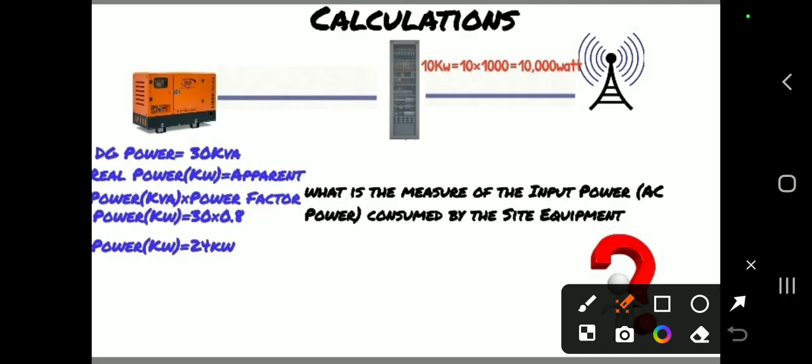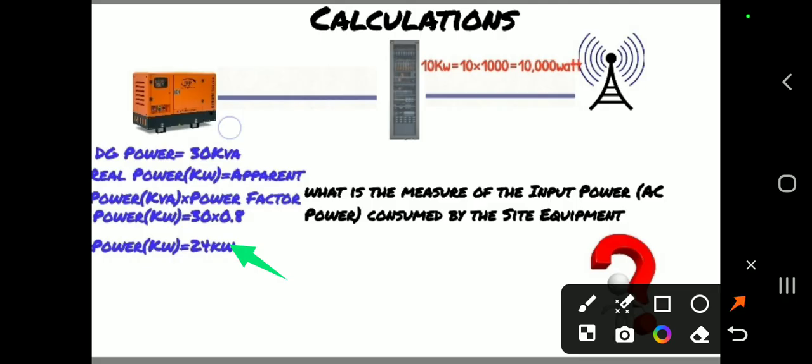Real power is 30 times 0.8, and that will give us 24 kilowatts.